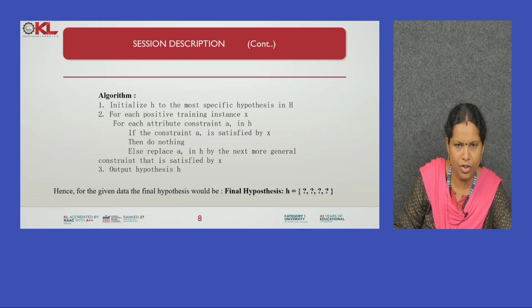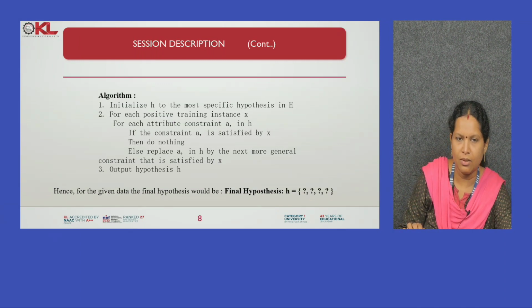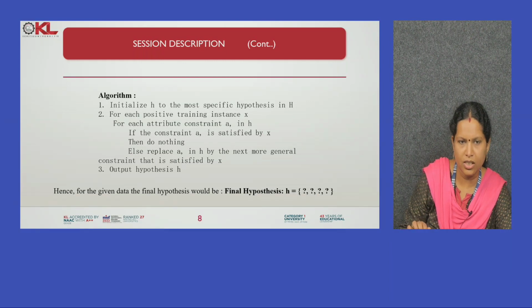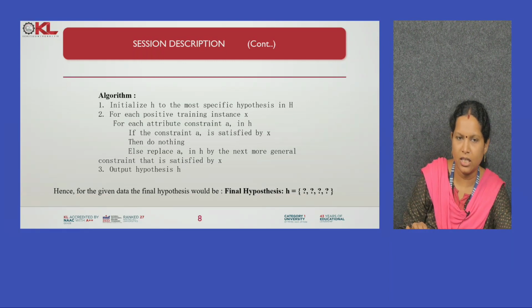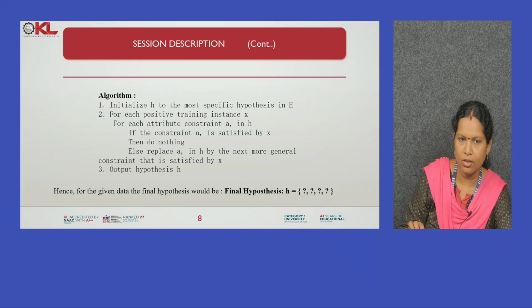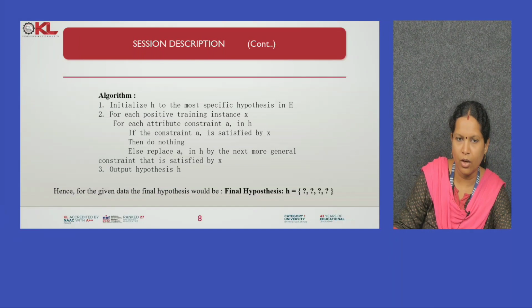If it is a negative value, we do nothing. Else replace A in H by the next more general constraint that is satisfied by X. If it is a positive value, we find the hypothesis. Otherwise, we leave the values as they are.